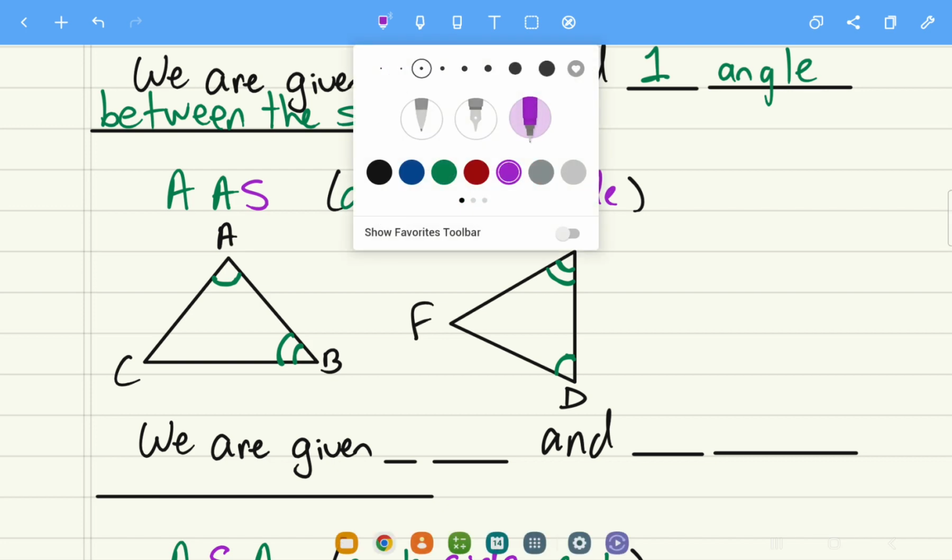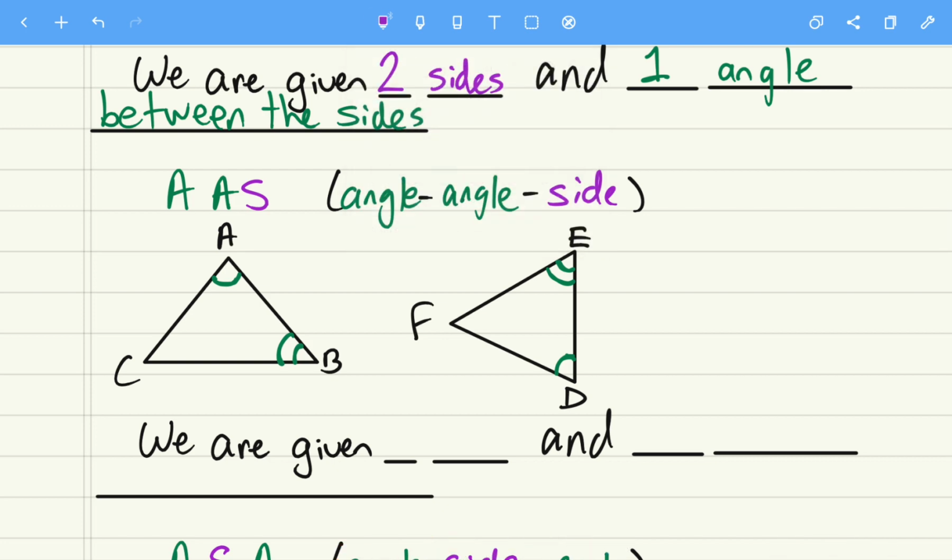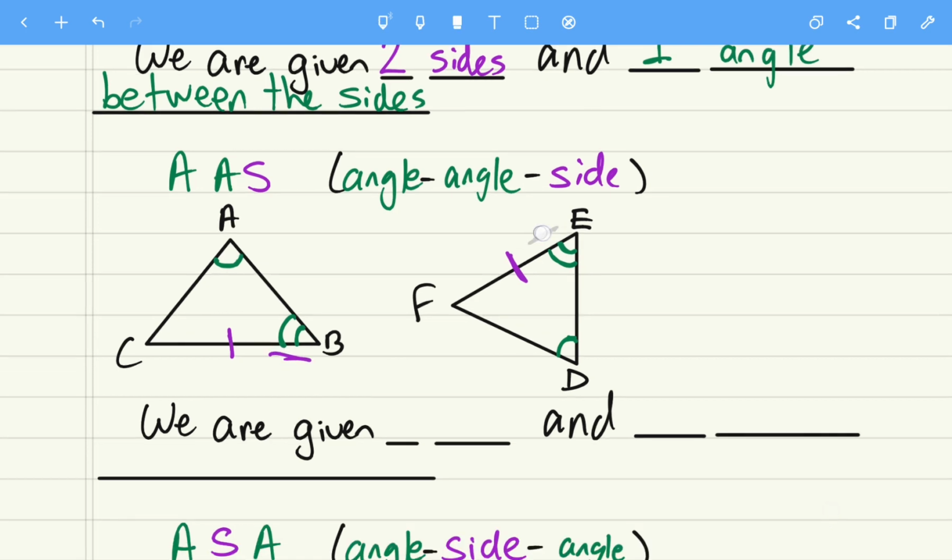So we are given angles A, B, and D, E, and then we are given a side outside of those. So that would be side BC and EF. Notice it's next to the same angle here. That is enough information to tell us that these are congruent.